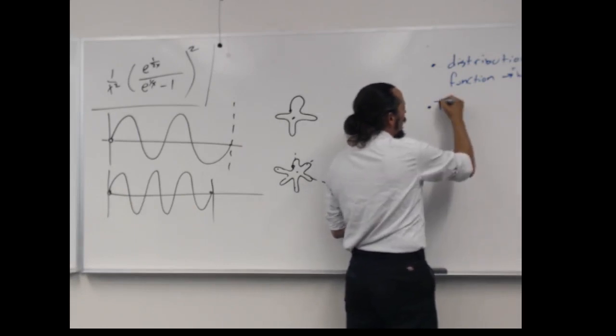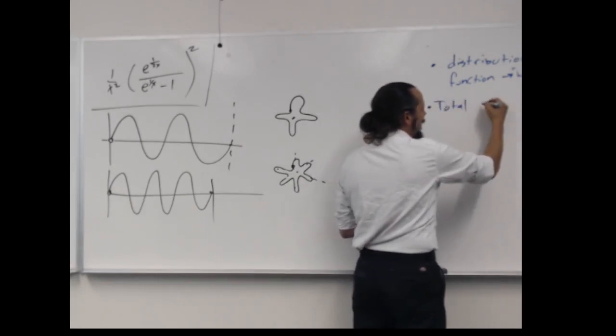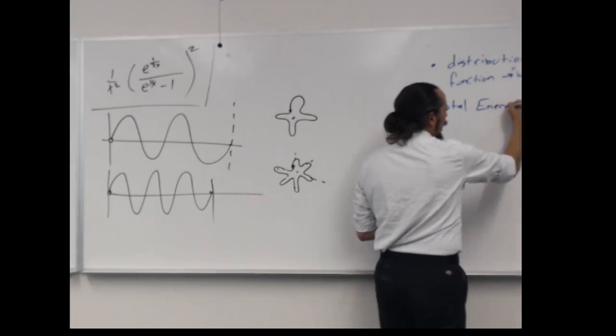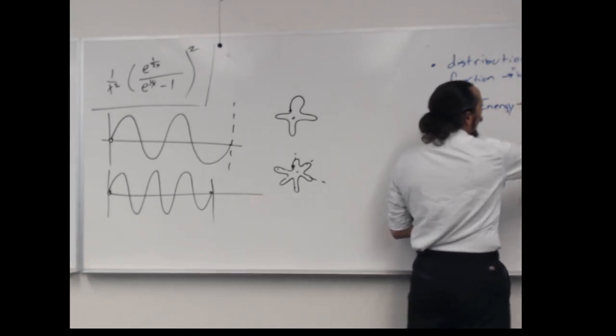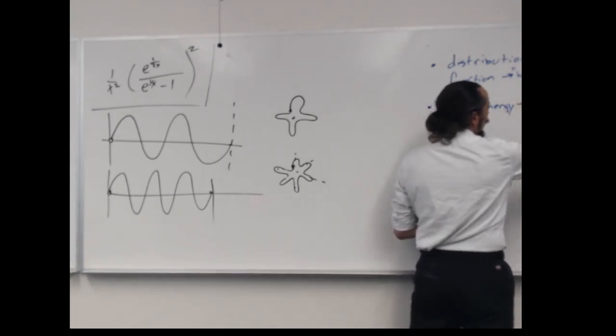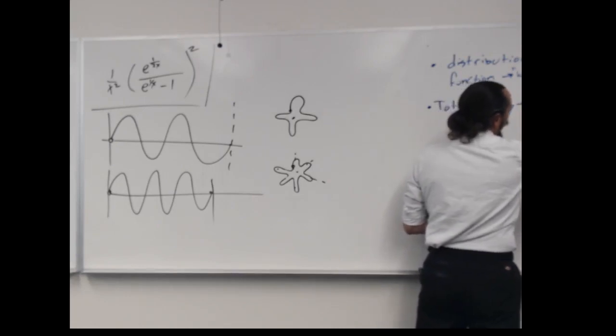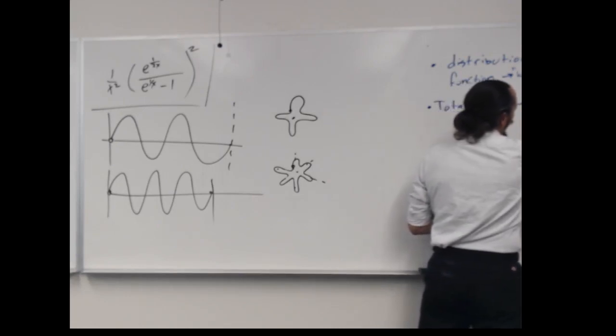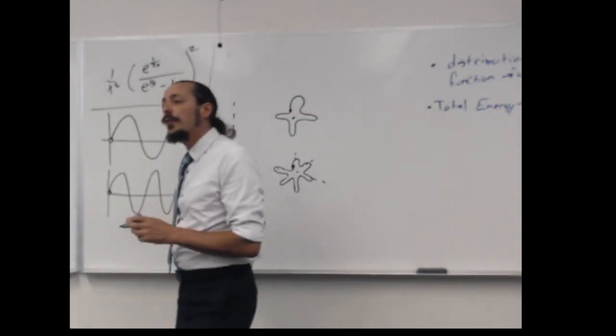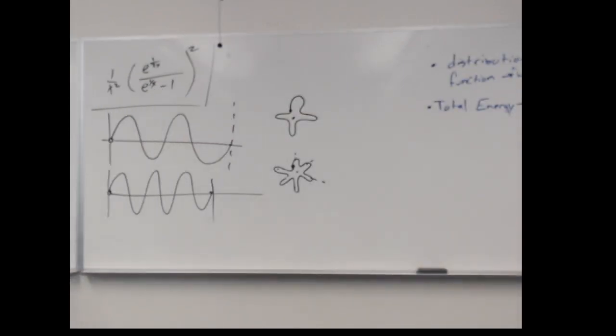We're also going to have that idea of total energy as the easier thing to track. And that's going to give rise to the idea of the Hamiltonian. So we start formulating things in terms of total energy instead of forces.